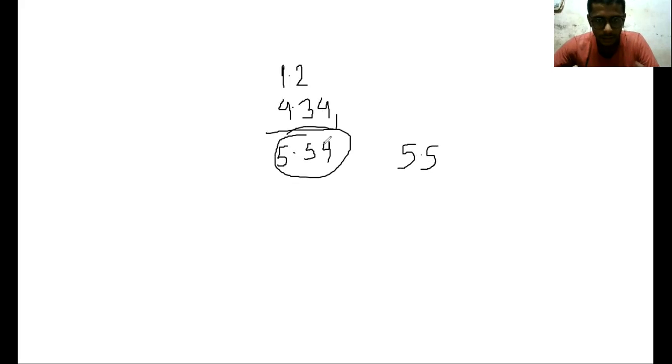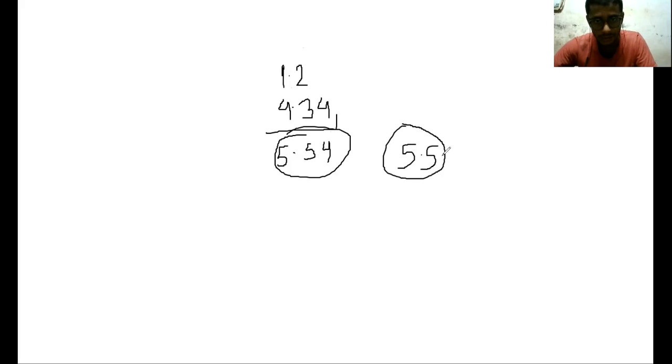Approximately it could be, but we always take 5.5 as the right answer, because here you can't take anything smaller. This number is not as accurate or precise as the other number. So we don't generally add and get 5.54; we get 5.5 basically.